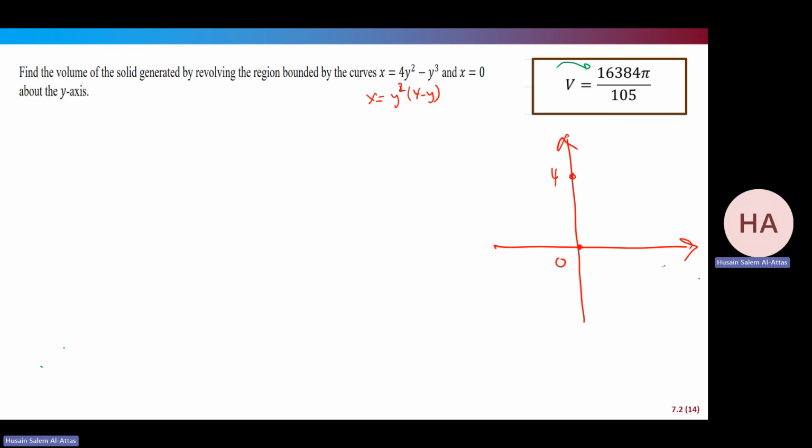If x is positive, it will do something like this. Why is negative okay? If y is negative, then x is positive. We'll do something like this.